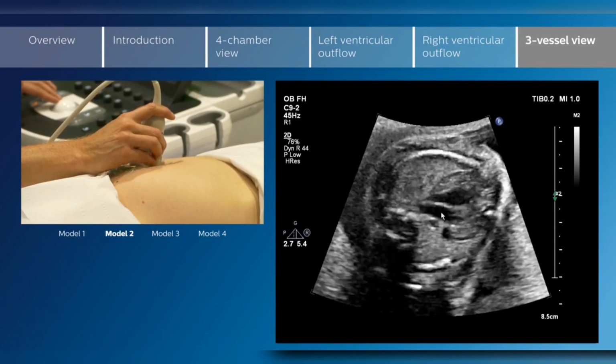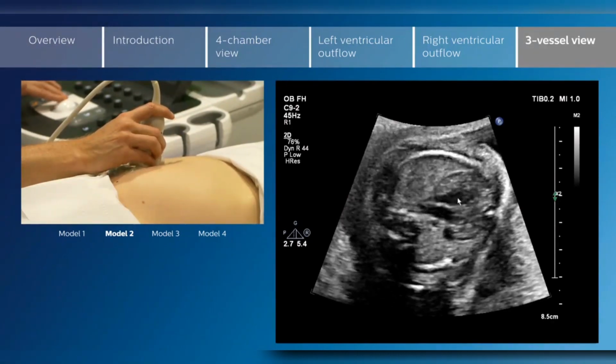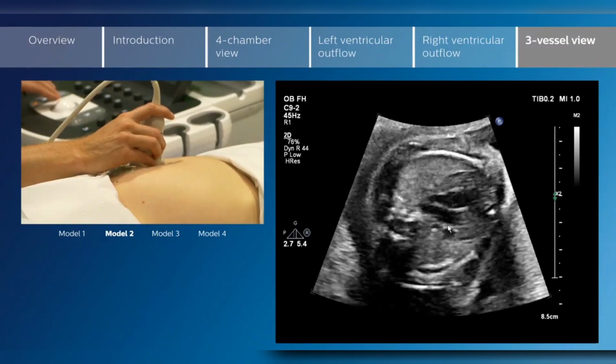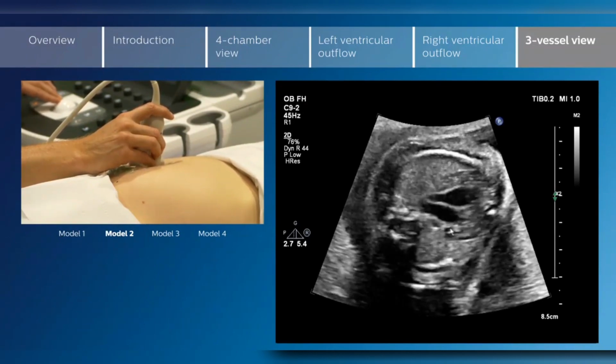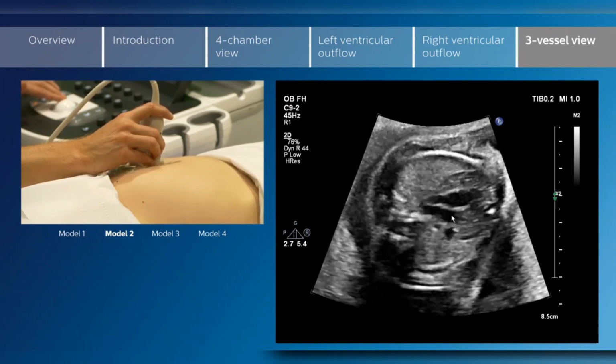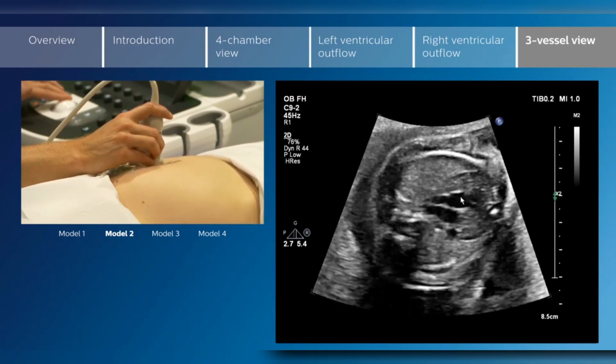So we see the true aortic arch and the ductal arch forming a V. Of note is that the right superior vena cava is to the right here, shown in transverse section, then the aorta, and then the pulmonary artery.